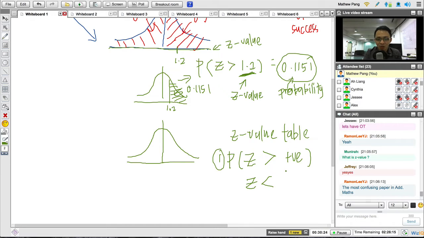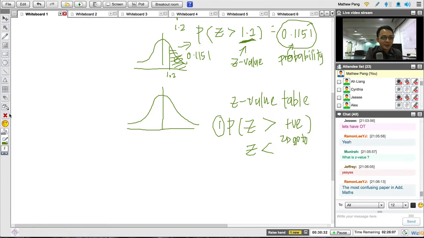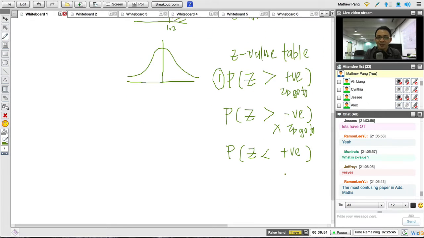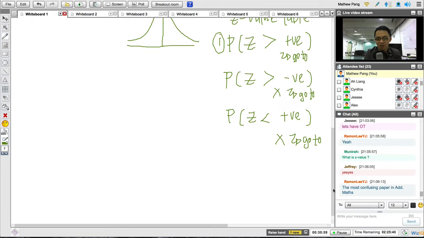Then I can straight away go to the table. If today your probability is Z bigger than a negative value, you cannot straight away go to the table. If Z is less than a positive value, same thing, you cannot straight away go to the Z value table. You have to change. Later I will teach you how to change.